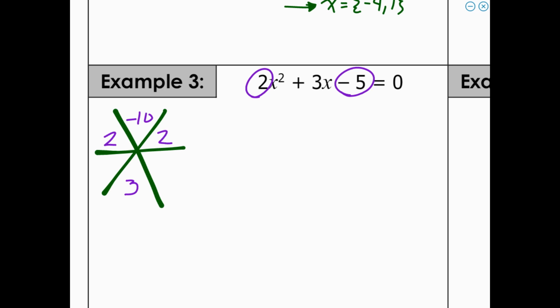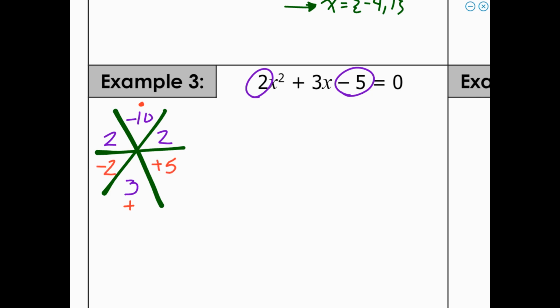This is the first time that it's not a 1 for us. So now I need 2 numbers that multiply to give me negative 10 and add to give me 3. We've got 1 and 10. Is that going to work? No. 2 and 5. Is one of them supposed to be negative? Yes. So which one?